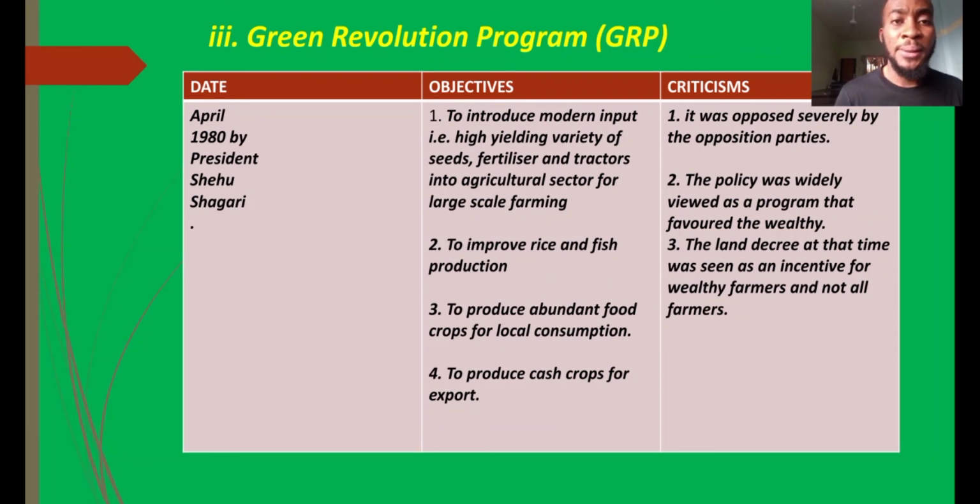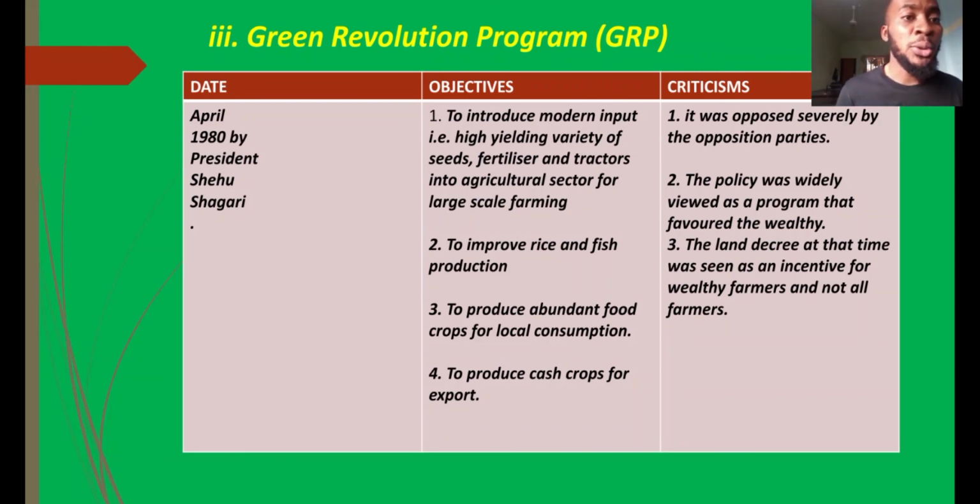The president, Shehu Shagari, was under the NPN and some other 4 political parties were seriously against his government, and they criticized him of favoring the rich. They opposed his plans, even the Green Revolution program. That's why criticism number one is that it was opposed severely by the opposition parties.